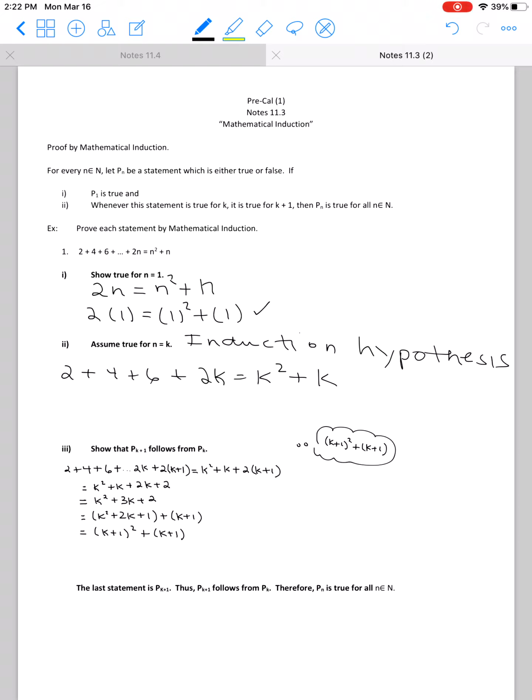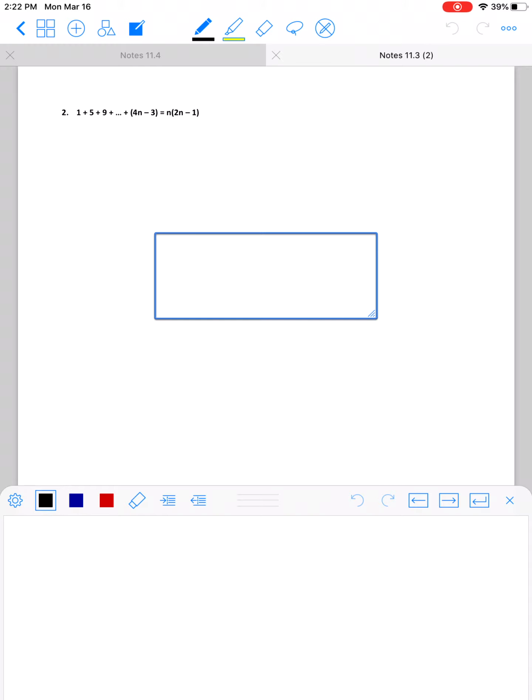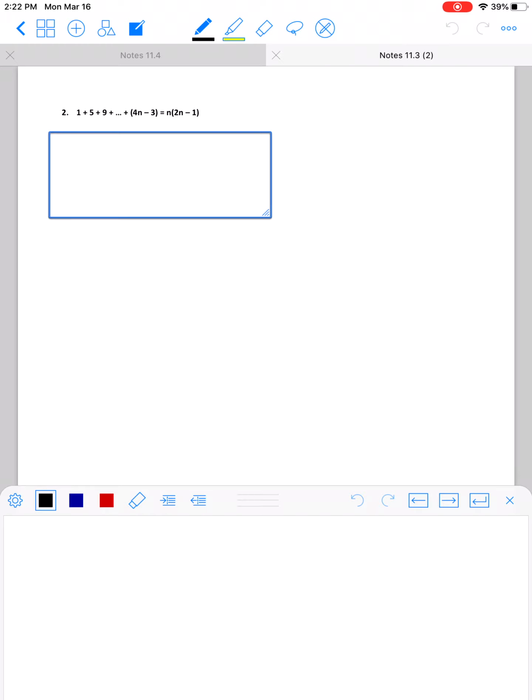Okay, so now let's try one all by ourselves with the steps as well. So step number 1, I'm going to use my little text box here to help keep it neat. So Roman numeral 1, show true for n equals 1.